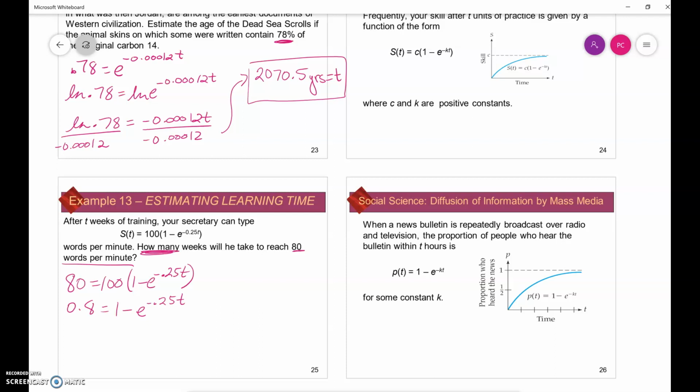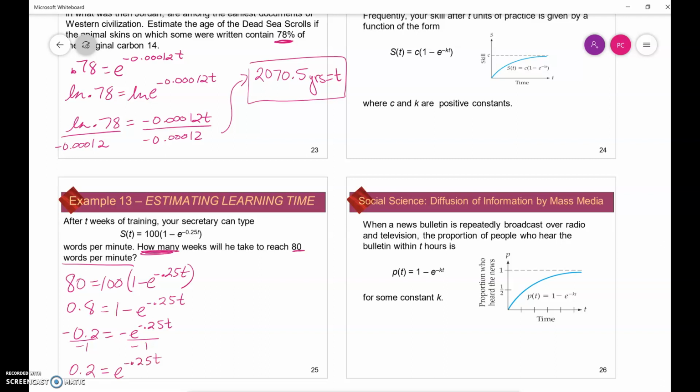Then we'll subtract 1 first. We get negative 0.2 equals negative e to the negative 0.25t. And then we're going to divide by negative 1 because you've got to get rid of that negative in front. Dividing both sides by negative 1 leaves us with 0.2 equal to e to the negative 0.25t.